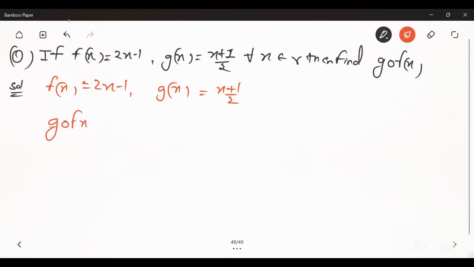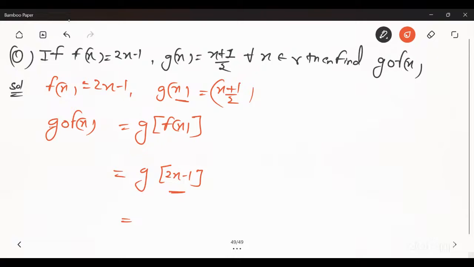g of f(x) means g(f(x)). What is the value of f(x)? 2x minus 1. In place of x, we have to put 2x minus 1 in the RHS (x plus 1) by 2. So (2x minus 1 plus 1) by 2.